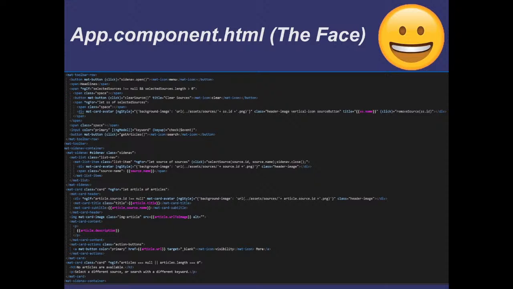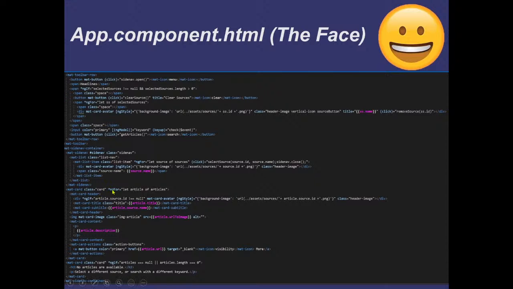Basically, if you know anything about programming and you've heard of loops before, that says for every individual item that's in our sources array, we're going to create this particular tag, this mat list item, before we send it to the browser. So it's going to cycle through all of the current sources and create that whole list. Again, we use the mat card avatar to show the individual pictures, and then we show the source name as well. Then we have a click command there that will select the source when they want to click it, and then it'll close the side nav.